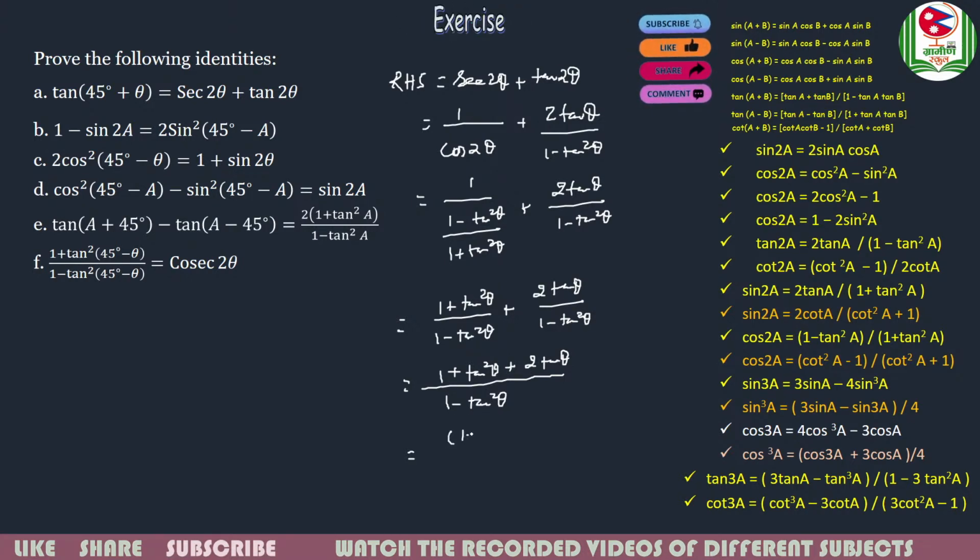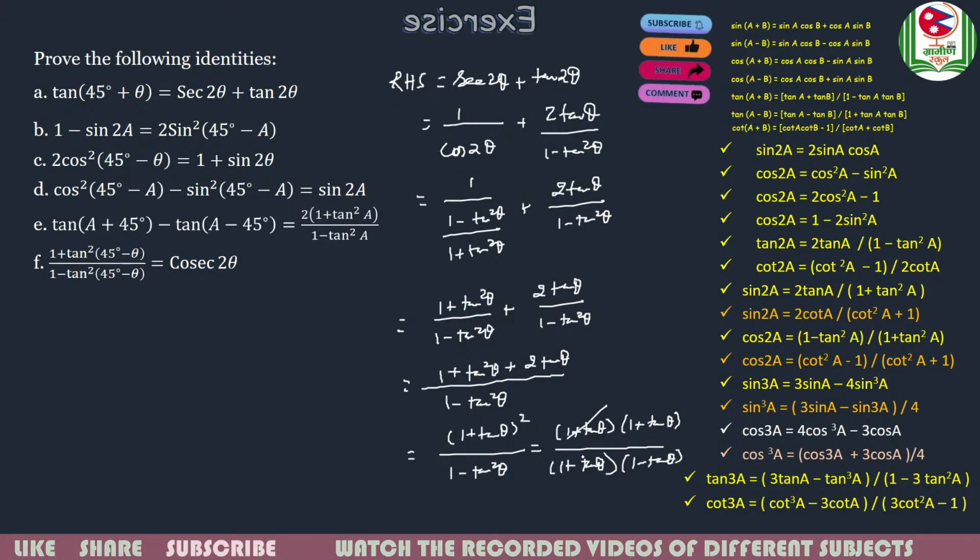So we can write (1 plus tan theta) whole square upon 1 minus tan square theta. The numerator can be written as (1 plus tan theta) into (1 plus tan theta), and the denominator as (1 plus tan theta) into (1 minus tan theta). Now you can cancel out 1 plus tan theta. The remaining is (1 plus tan theta) upon (1 minus tan theta).